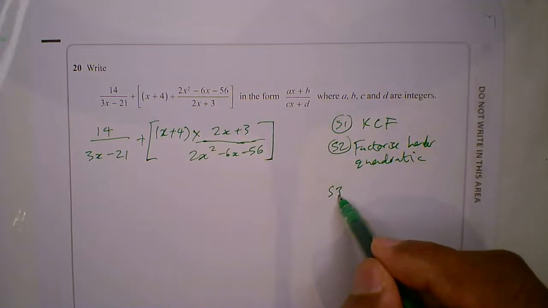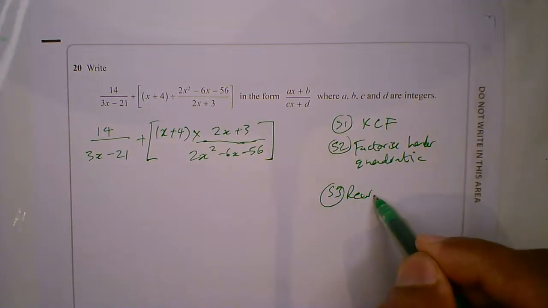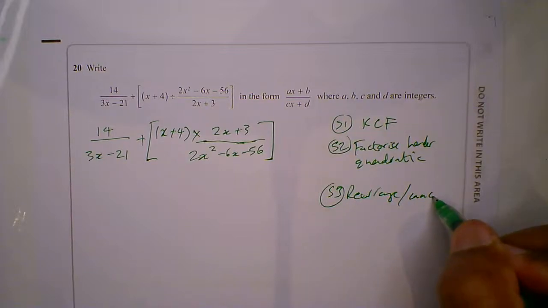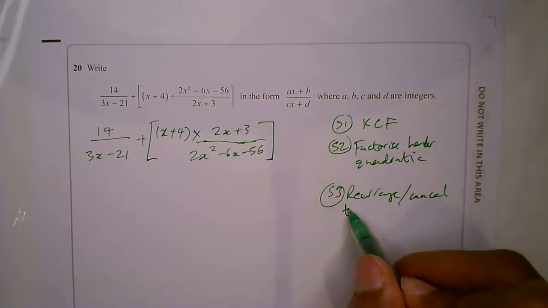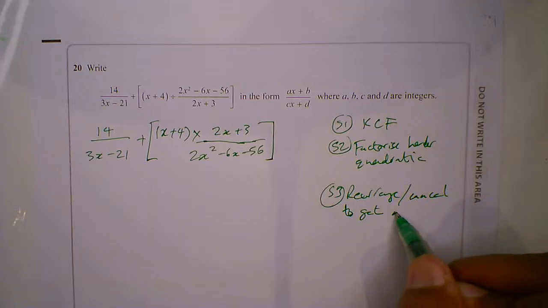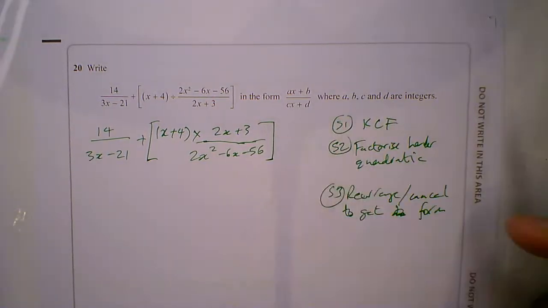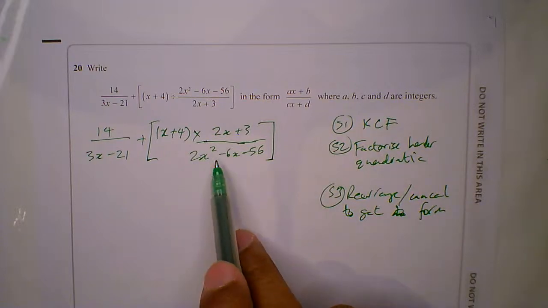After I factorize my quadratic, I am going to look to get it into this form. So step 3 is rearrange or cancel to get to the form. All right, so let's factorize this.